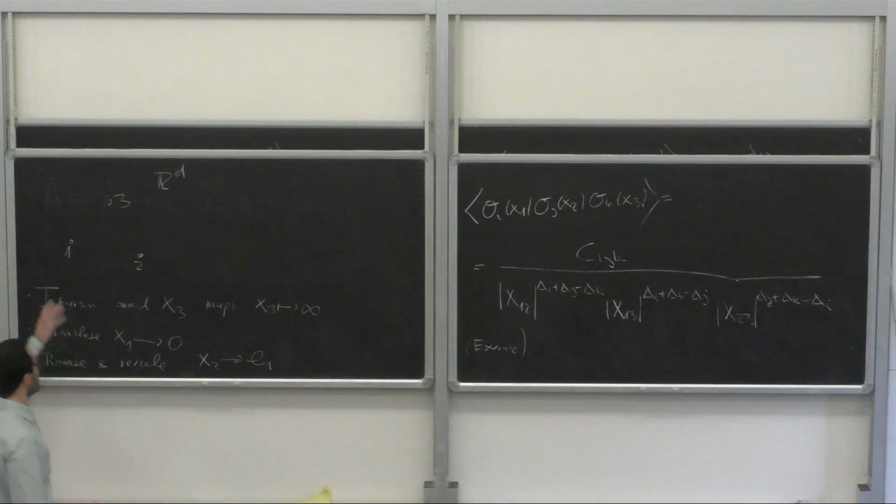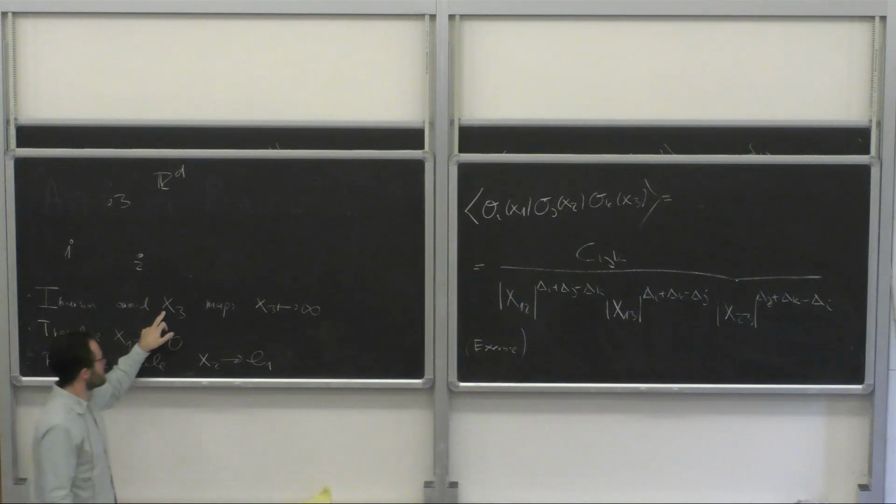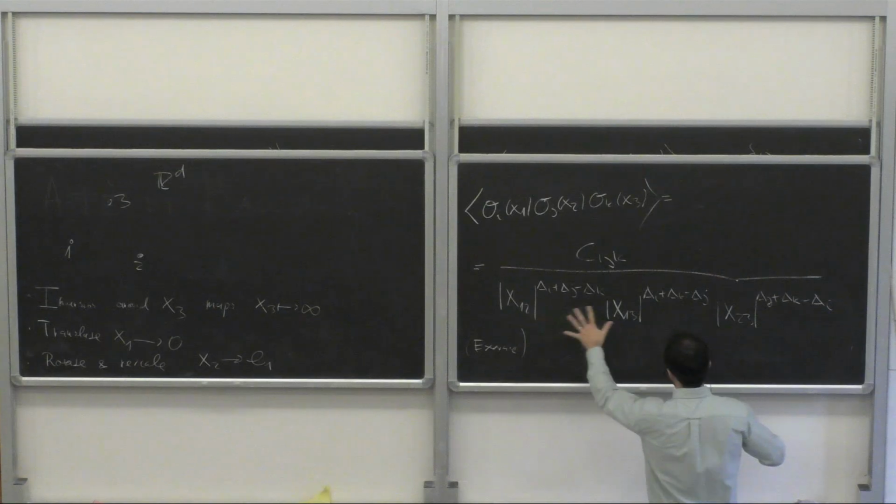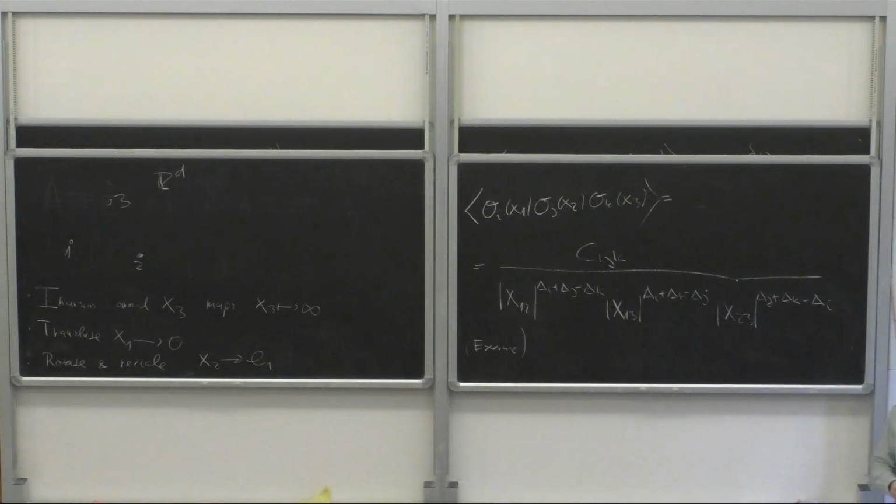And if you want to avoid inversion, if you want to just use the connected component of the identity in the group, then you can just use special conformal instead of inversion here to map x3 to infinity. Okay, so that's why. And of course in this process, you're going to pick up some rescalings that the operators can feel, which is why if you retrace these rescaling factors back, you get this particular dependence on x1, x2, x3.